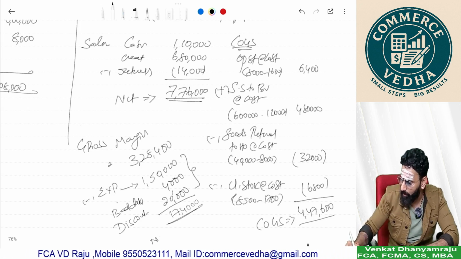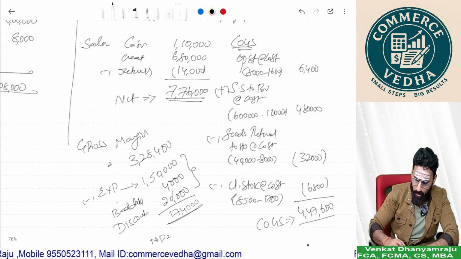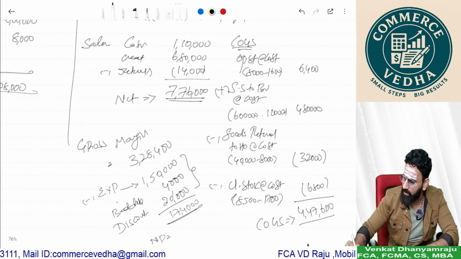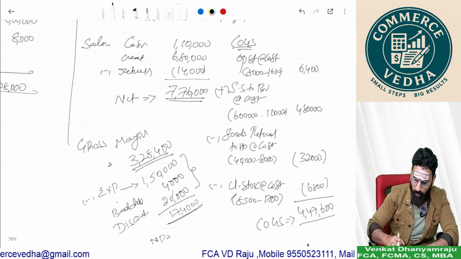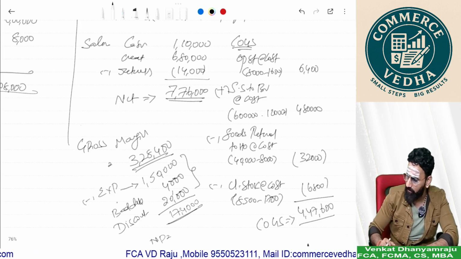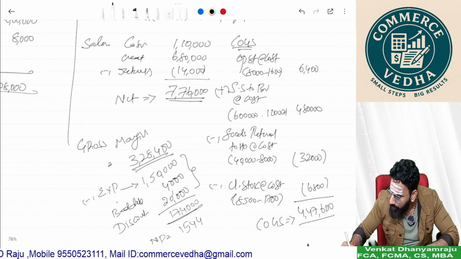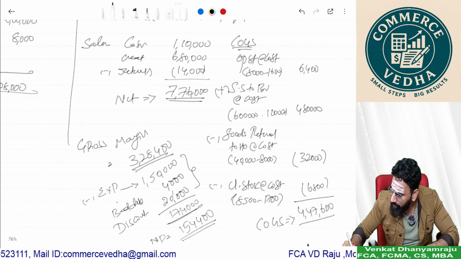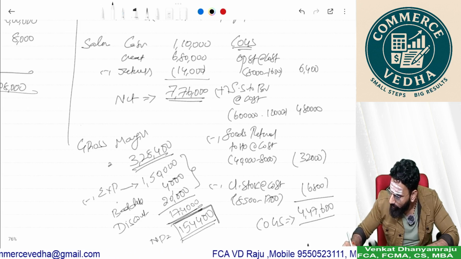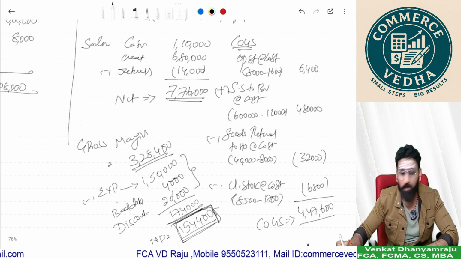So my net profit should be gross profit 3,28,400 minus 1,74,000 expense, which is 1,54,400.